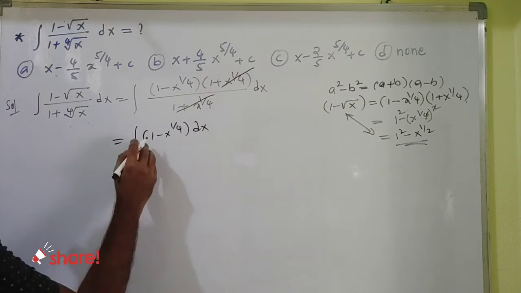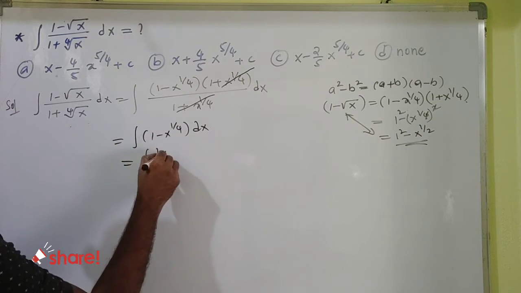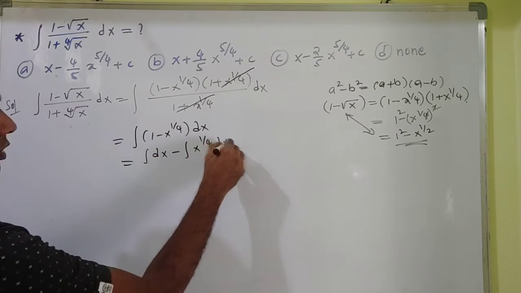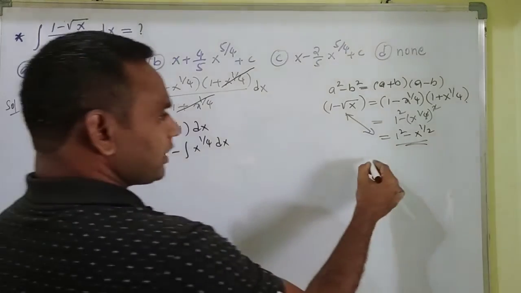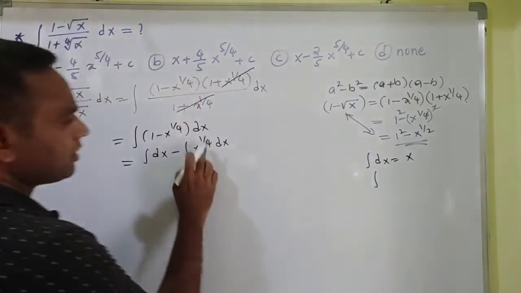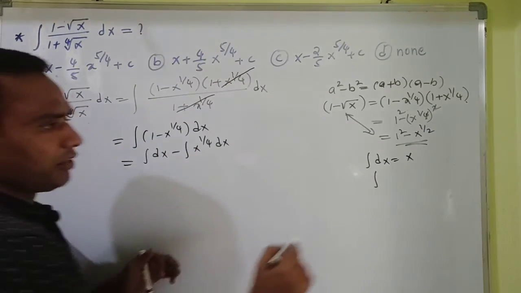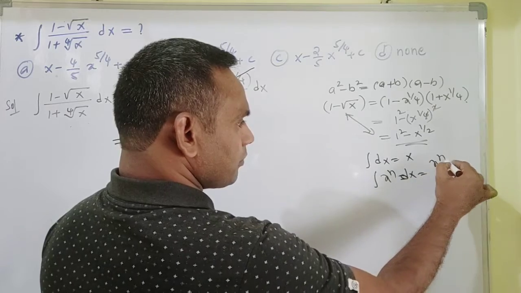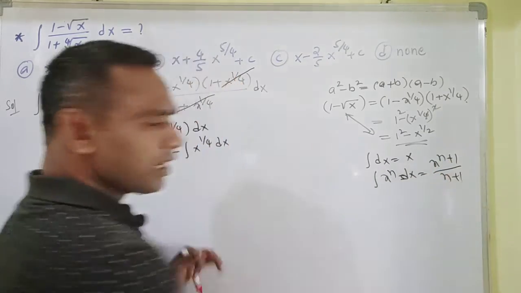Now write it as integration of 1 into dx minus integration of x to the power of 1 by 4 into dx. We know that integration of dx is x, and integration of x to the power n dx is x to the power of n plus 1 by n plus 1.